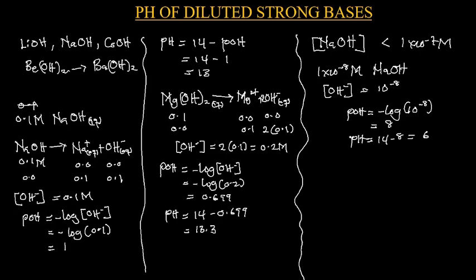of water. Now, when we consider that, we know that water will dissociate by itself and it will give us H3O plus and OH minus. This is called autoionization of water.